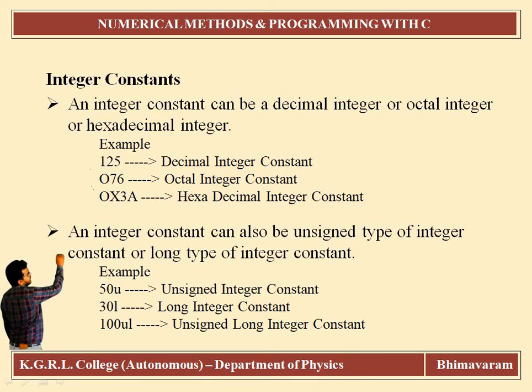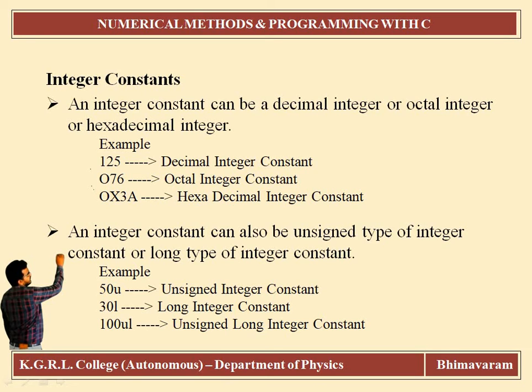An unsigned integer constant value is suffixed with U and a long integer constant value is suffixed with L, whereas an unsigned long integer constant value is suffixed with UL. In the previous case, decimal, octal, or hexadecimal integers have prefixes, but in this case it has suffixes.